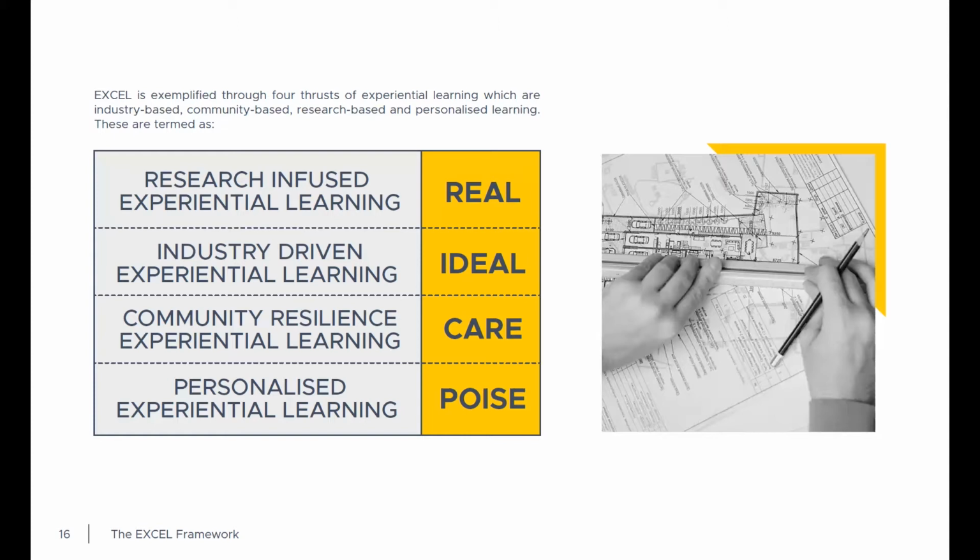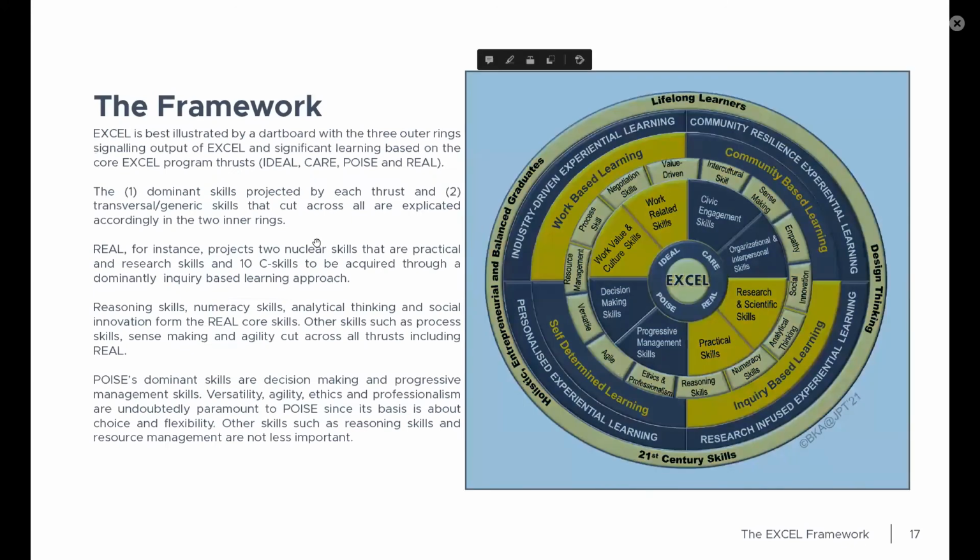It can be a 10-year program for this particular POISE. So it's not for everyone, not for every program, but it depends on which one you think your program is suitable to apply to. But today I would like to focus on the REAL, research-infused experiential learning. I'm going to skip all this.